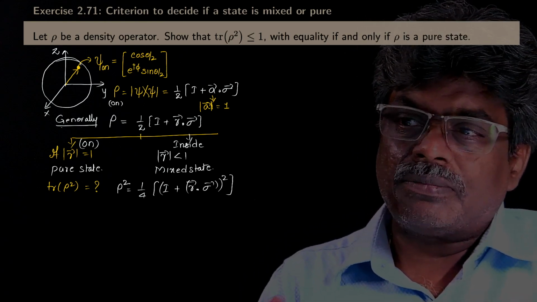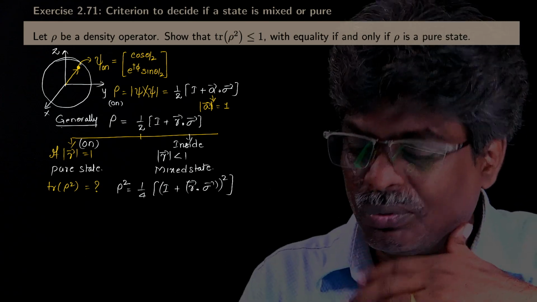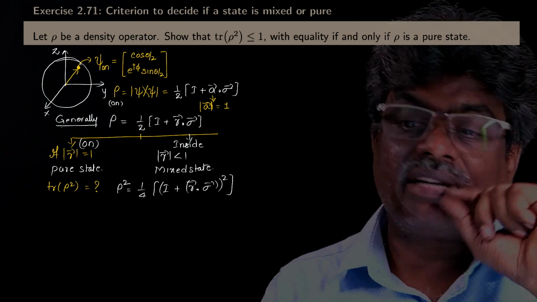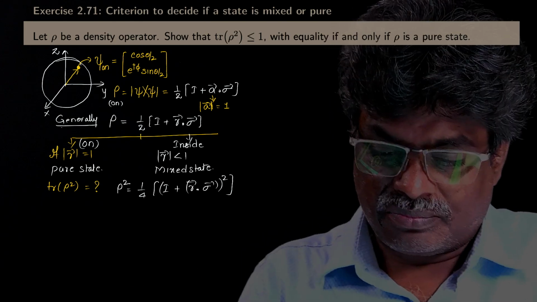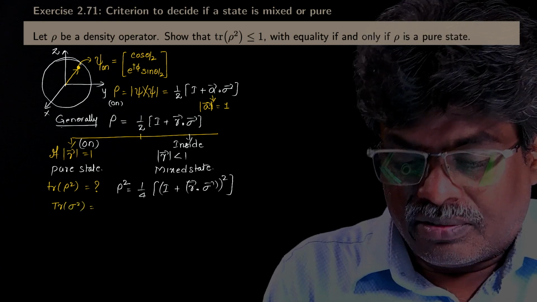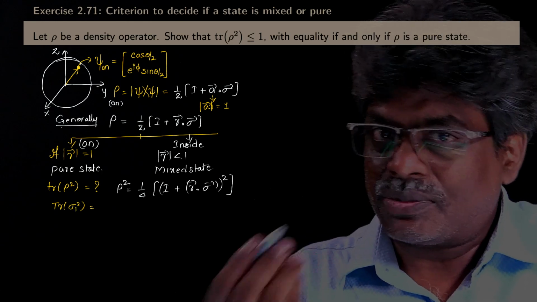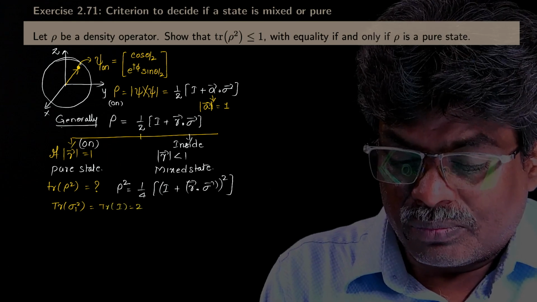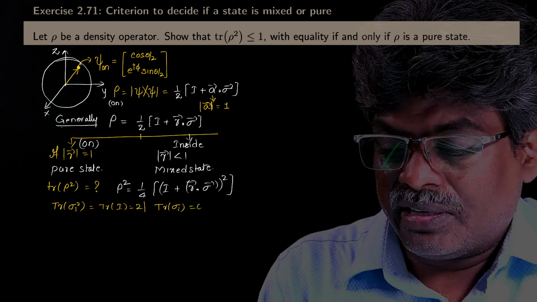Now this is (a plus b) whole square, a square plus b square plus 2ab, and here there is no need to write the total expression because our aim is to find the trace. So there is one thing: trace of sigma square, I mean sigma x square or sigma y square or sigma z square, is nothing but the trace of identity, which is 2. But if you take the trace of any Pauli spin matrix, it is 0.